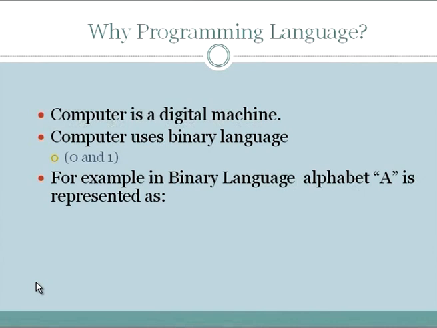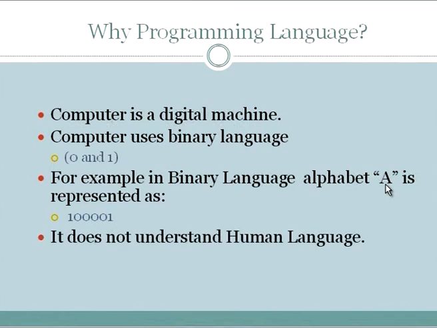In binary language, alphabet A is represented as 1, 0, 0, 0, 0, 1. This is the corresponding binary language code for the capital alphabet A.